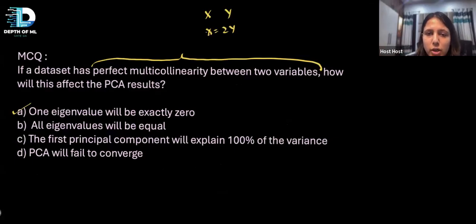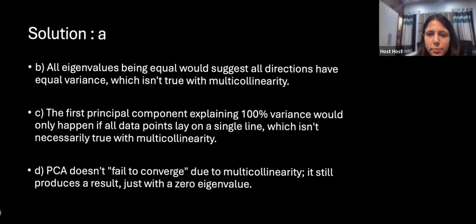Here it's saying that two things are capturing the same thing. So you should think about when the eigenvalues would be equal, that is, when they are capturing equal variance. For example, I don't know if I can create a data set like that.